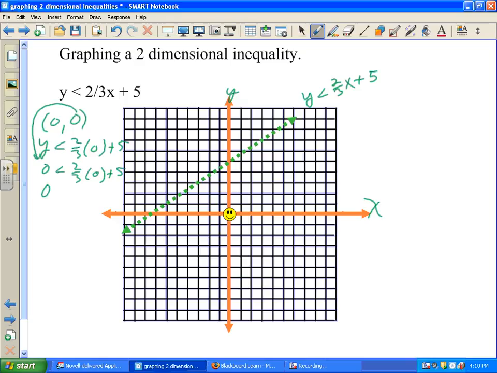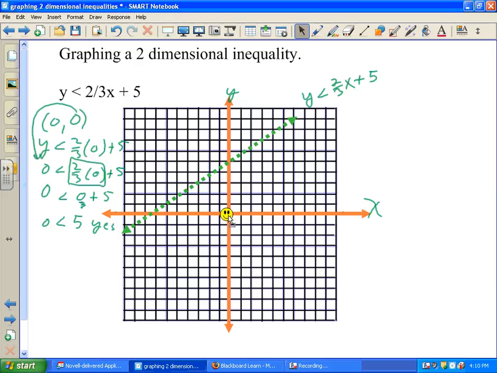And I ask myself, is 0 less than 0 plus 5? This 0 came from the fact that 2/3 times 0 is 0. So is 0 less than 5? Yes.